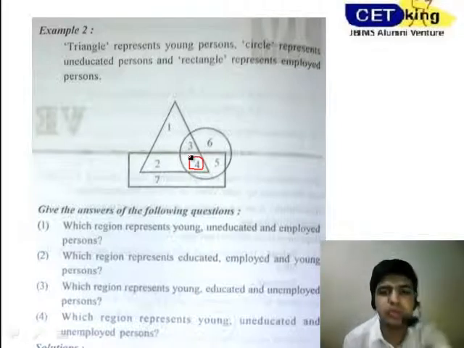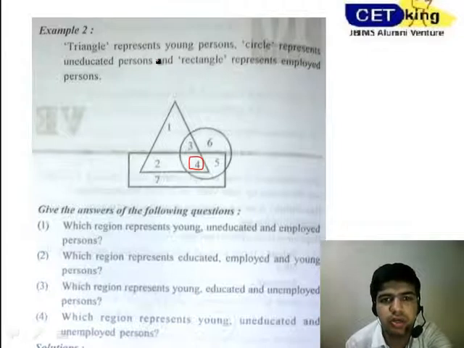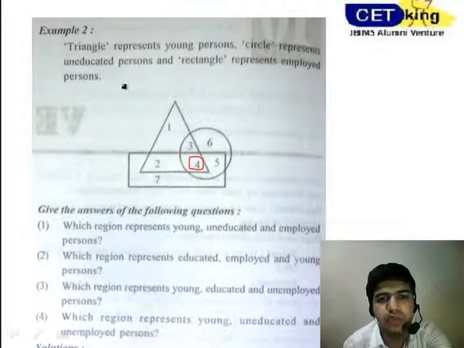But in case we have been told to find the old persons who are uneducated and unemployed, what we'll have to see is that the old people will fall outside the triangle. That is for sure. And then we've been told that they are uneducated, so they have to fall inside the circle.